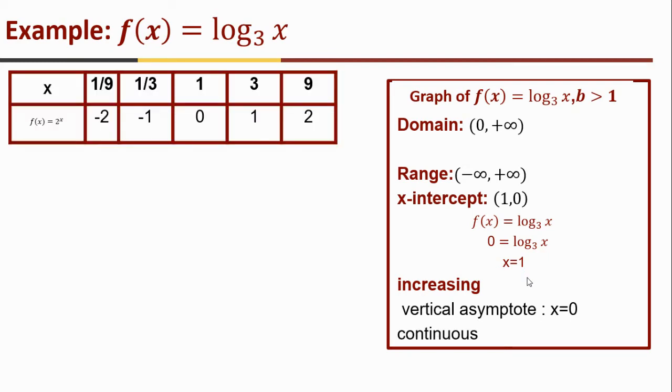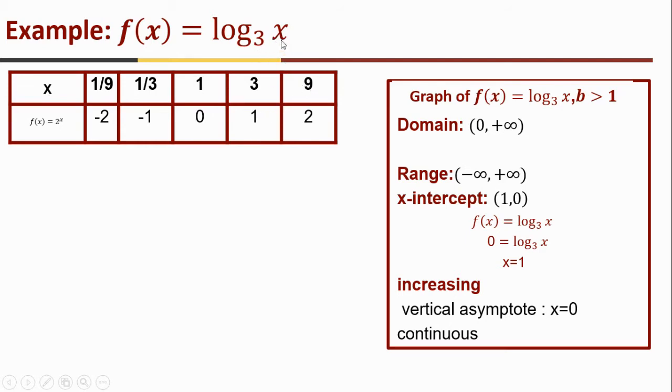And it is continuous. After that, we construct the table. In constructing the table, the values of x that you need to have here must be multiples of 3 so that you will not use a calculator. So, that's just a strategy, a tip here. For example, if this is 1, we are so sure this is equal to 0. Now, I will use 3 here. If I substitute 3 as the value of my x, then from the property, I got an answer which is 1.